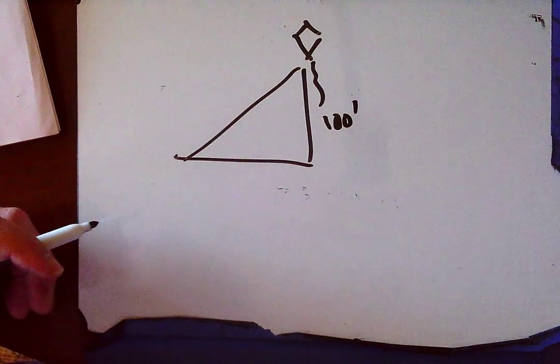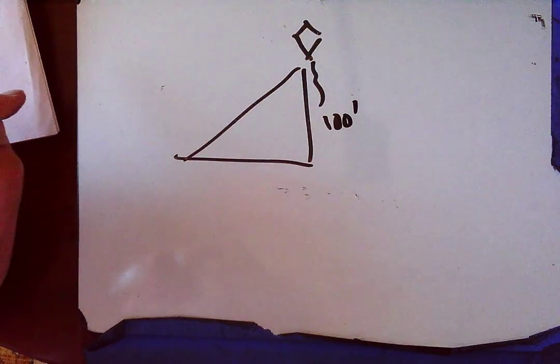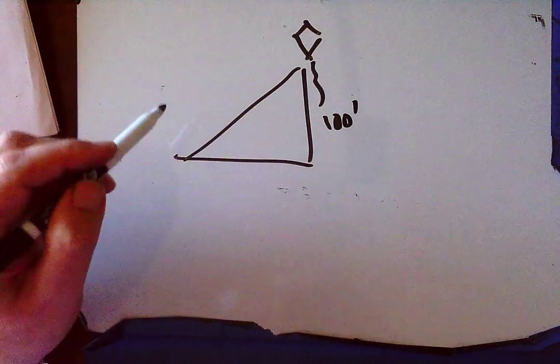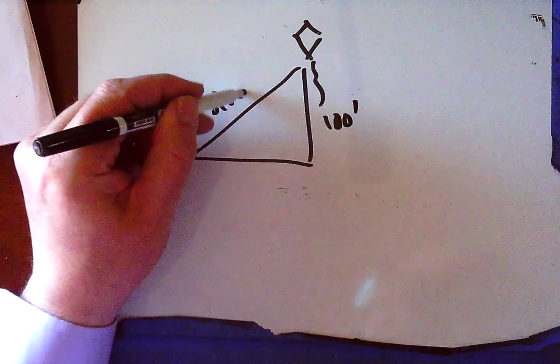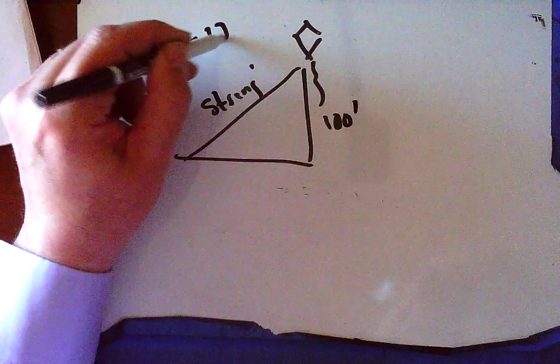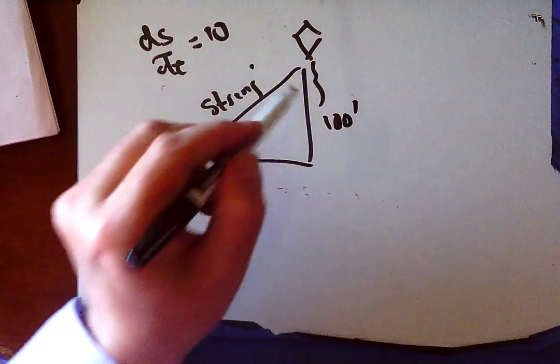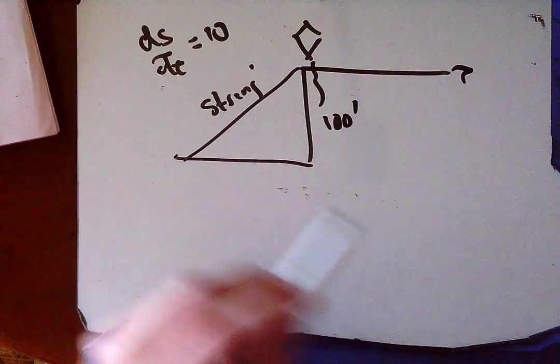That's right. Okay. Boy flies kite 100 feet above the ground. If the string is pulled out at a rate of 10 feet per second, well, this is the string. And so we're saying that ds/dt is 10 feet per second, which carries the kite horizontally away. The kite is moving this way.